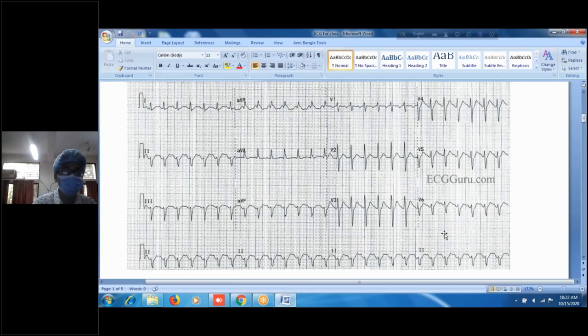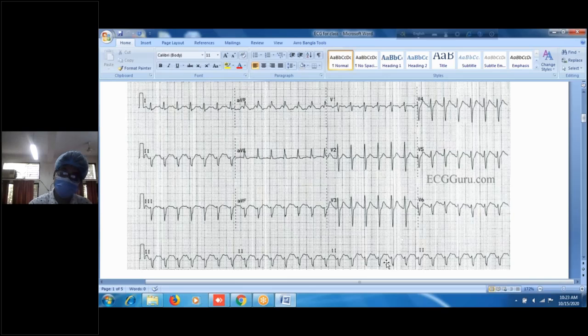The answer is very simple. That is the P wave. When you get a regular, increased rhythm, as it is tachycardia, but with the P wave present before the QRS complex, this is sinus tachycardia.